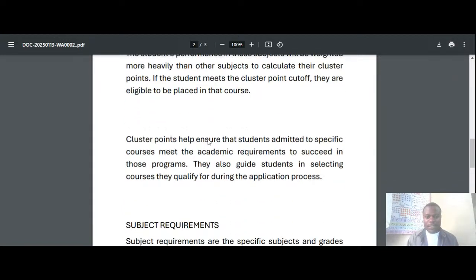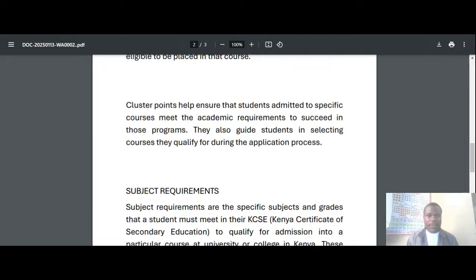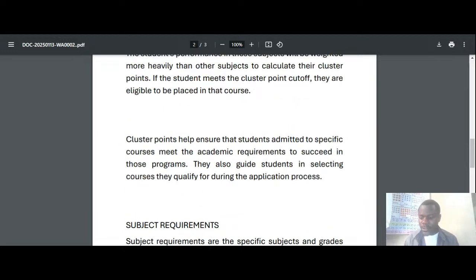The cluster points help to ensure that students admitted to specific courses meet the academic requirements to succeed in those programs. They also guide students in selecting courses they qualify for during the application process. So let me take you through the formula and how it is calculated.